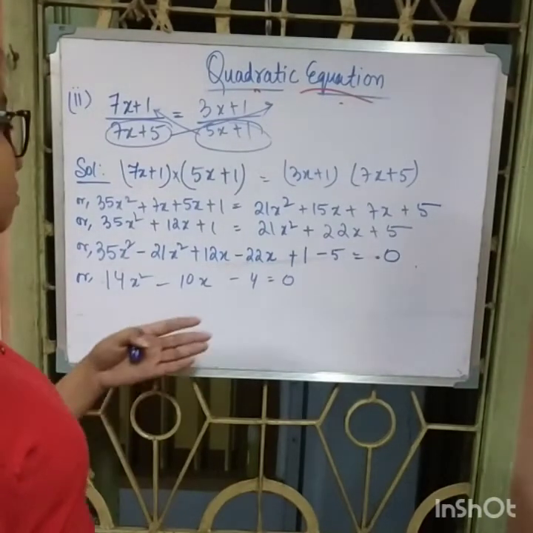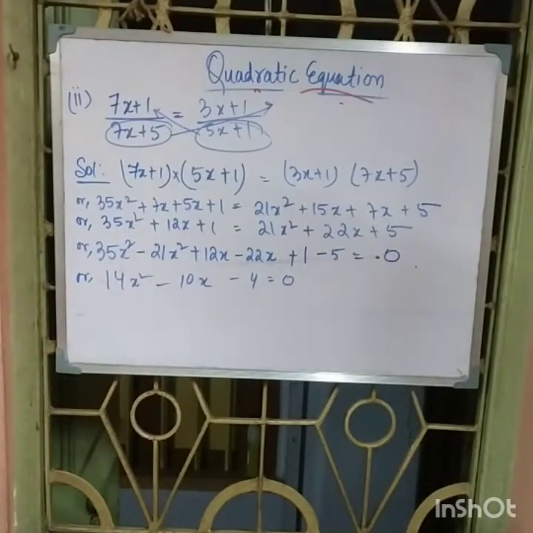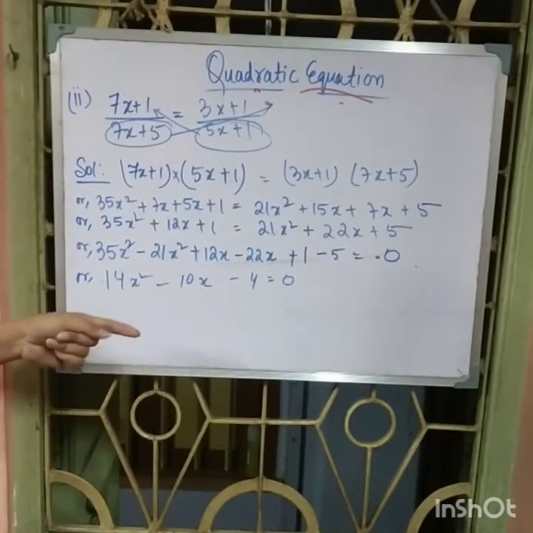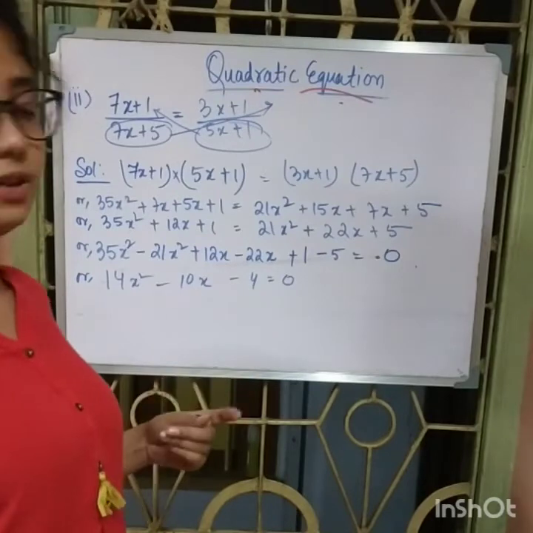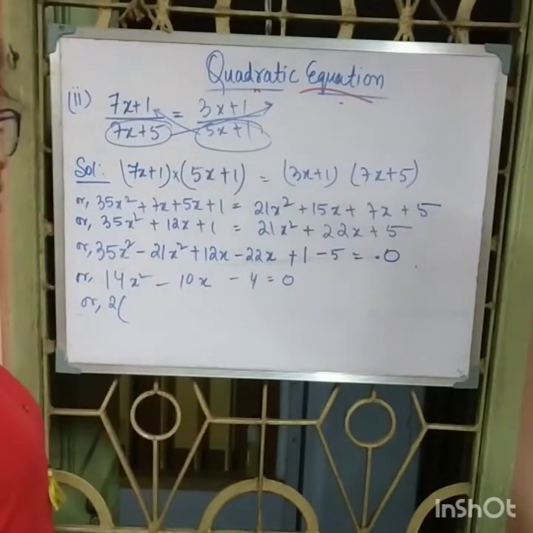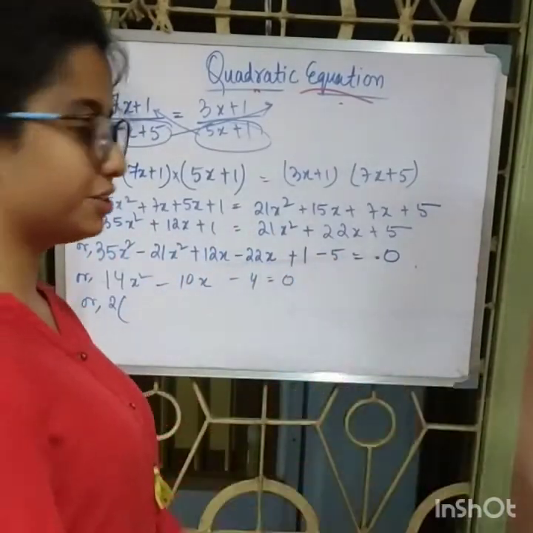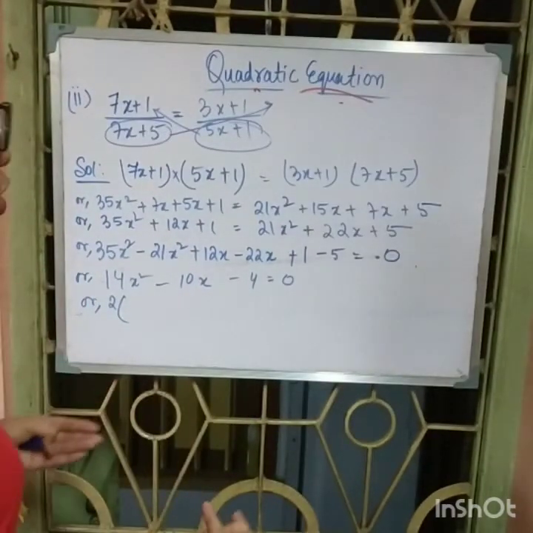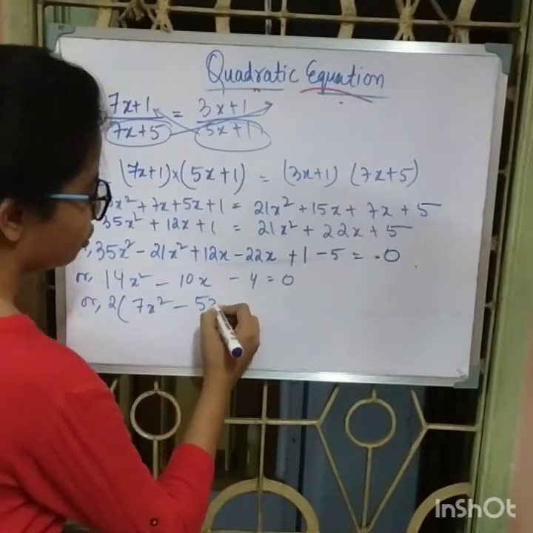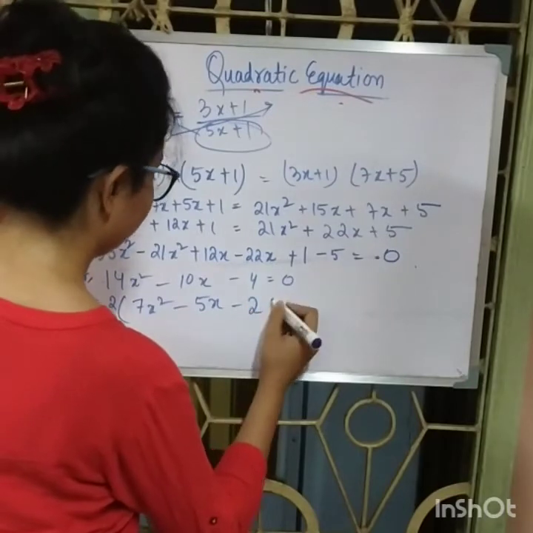Okay. Before solving this quadratic equation with the middle term factorization method, we can do one thing. We can see we can take something common, that is 2. If we take 2 common from this whole equation, then the equation becomes simpler. Nothing else. You can directly solve this equation using the middle term factorization method, or you can take 2 common so that the equation becomes simpler, and then proceed with the middle term factorization method.